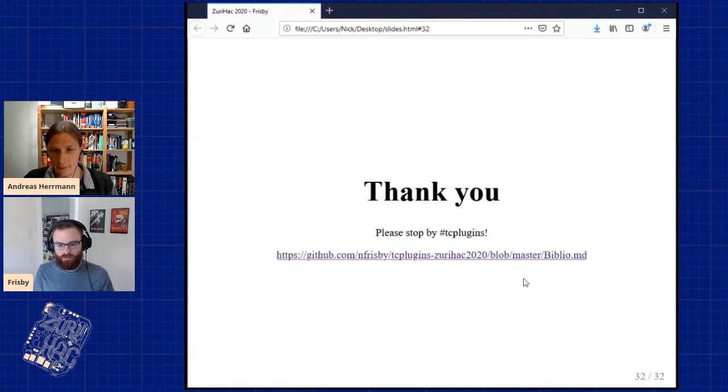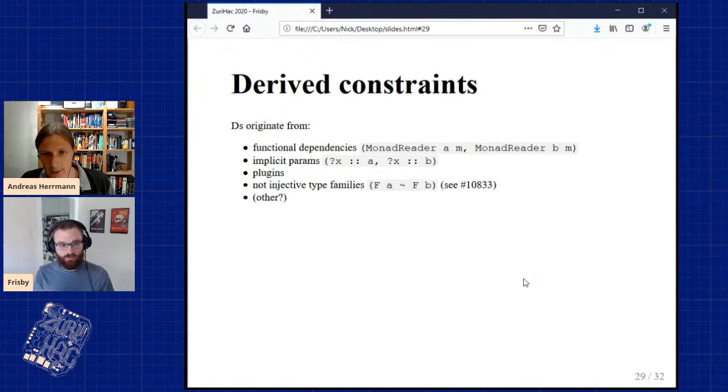Cool. Another question was around slide 29. When you emit a derived to say that two types are the same, do they have to be type variables? No, and that's the big benefit of just emitting the derived, because if the derived equates two types that are involved, then GHC's built-in solver will decompose that equality as far as it can until it does get to something involving a type variable.